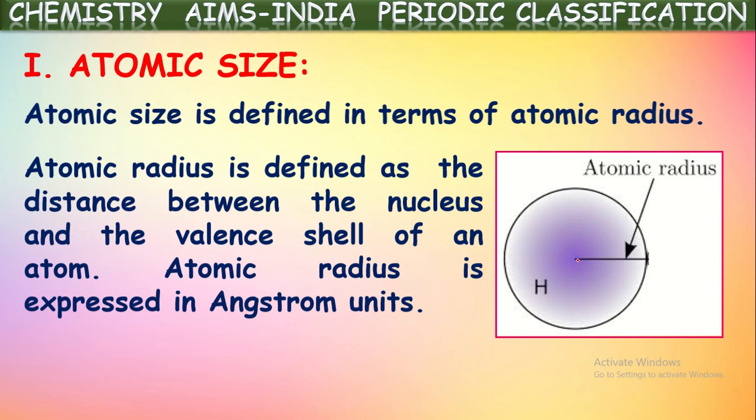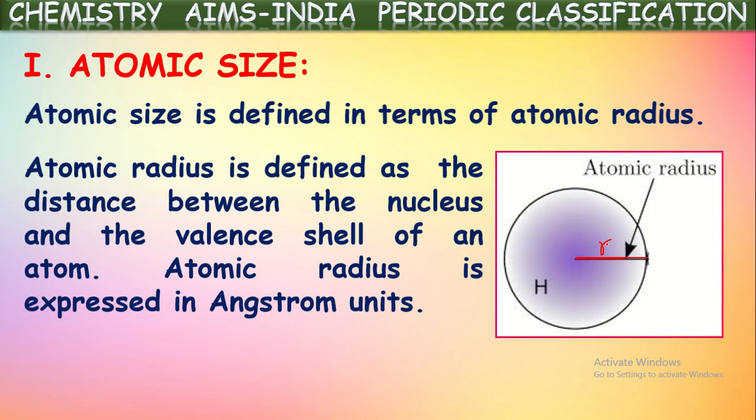The distance from the nucleus of the hydrogen atom to its outermost orbit is taken as the radius of that hydrogen atom. We know hydrogen has only one shell with one electron, so the distance between this first shell and the nucleus is the atomic radius of hydrogen.